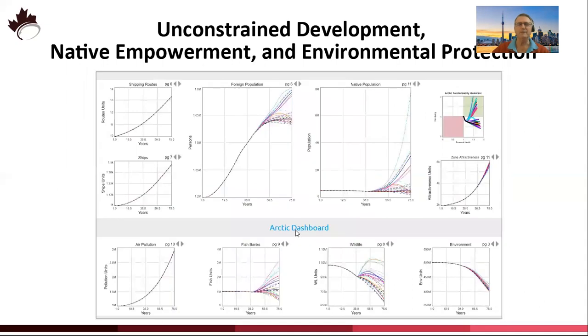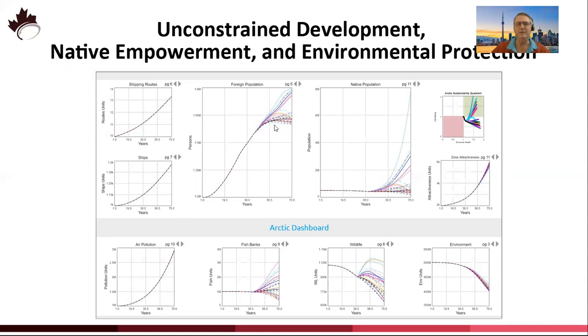And here are the detailed graphs showing the results of unconstrained development with native empowerment and environmental protection policies. And you can see that ships and air pollution are not affected because this is unconstrained development.